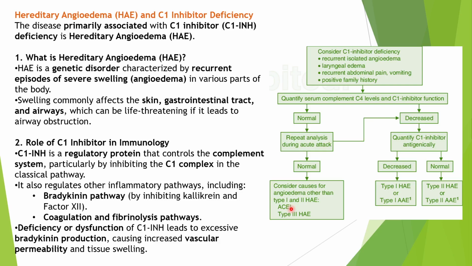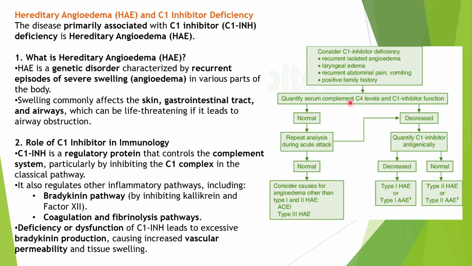So there are again types of HAE. So it can be different because of ACE1, or it can be type 3. So in the initial cases, if the C4 level or C1 inhibitor function decreases, then we have to go through with the C1 inhibitor antigenically and see if it is normal or decreased. If it is normal, it can be type 2, and if it is decreased, it is type 1.